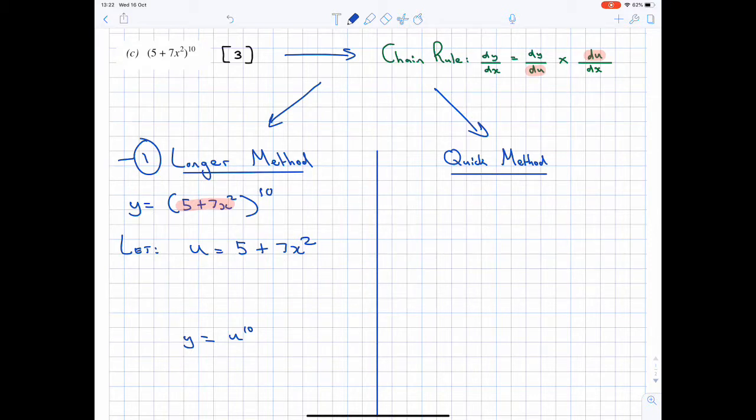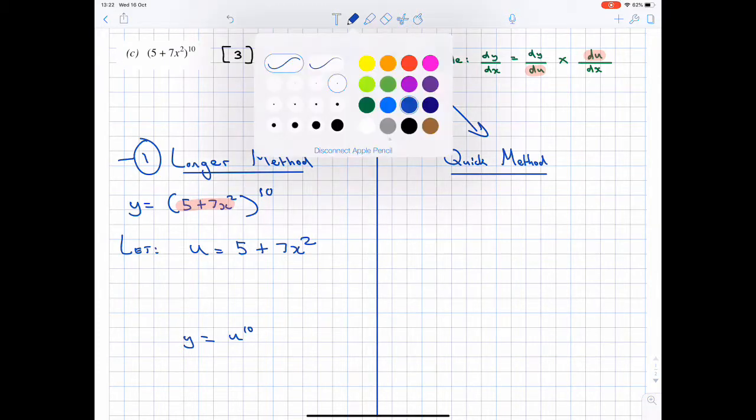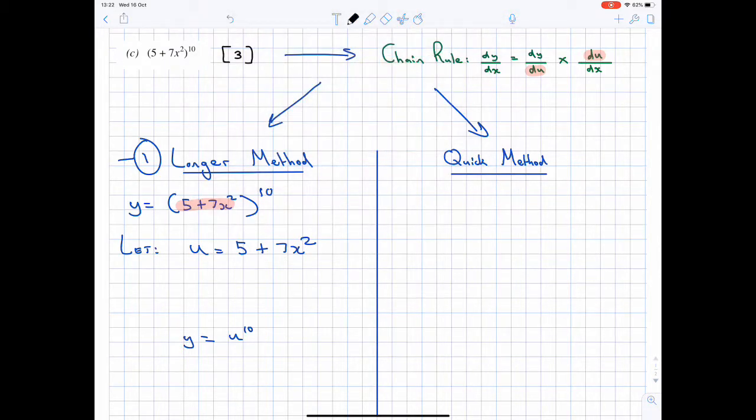So effectively we've got two equations which we formed from our original question. Now we need to refer to the chain rule. The first part says dy by du, and we get that by differentiating as normal the second equation, which gives 10u to the 9.